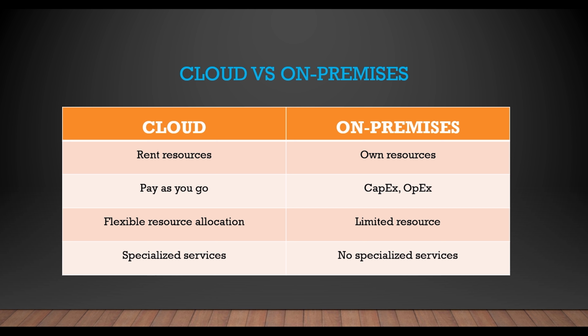On cloud, you will reduce the capex and you will only have the opex. For cloud, you can have flexible resource allocation. When you need more resources, you can quickly rent out the resource from the cloud providers. But for on premises, the process is hectic. On cloud, you will also have some specialized services, but on premises, you don't really have.